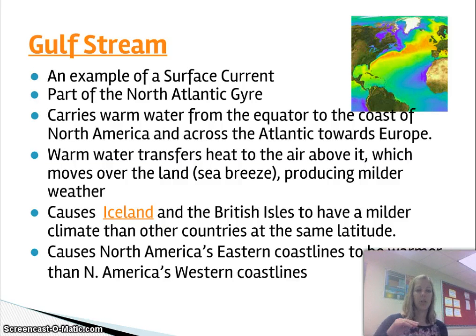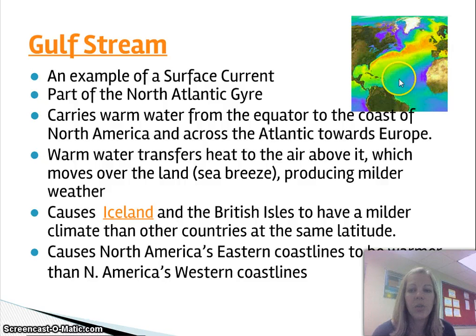But if you can picture the Atlantic Ocean between North America and Europe, and you picture just the northern part, which is above the equator, you can kind of imagine that the Gulf Stream, which is pictured right here by this warm water flowing up the east coast, coming from the equator by Florida and traveling up into the northern part of the Atlantic, and then it hits land over here and it circles around.